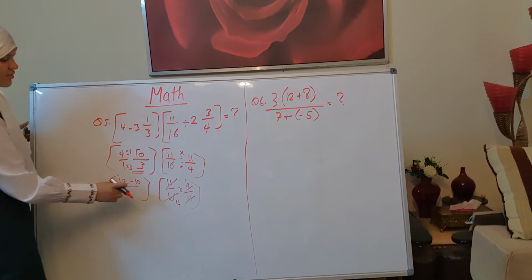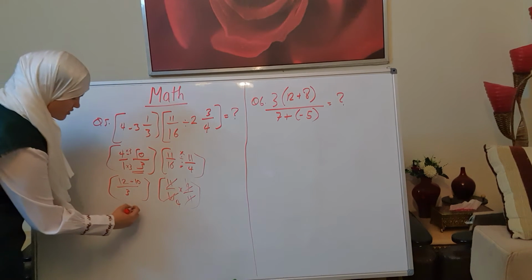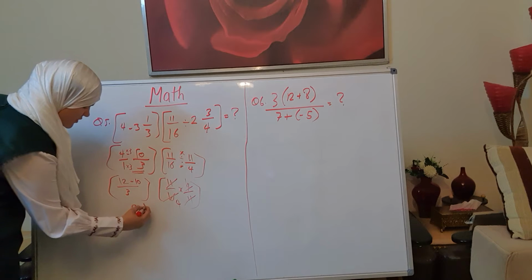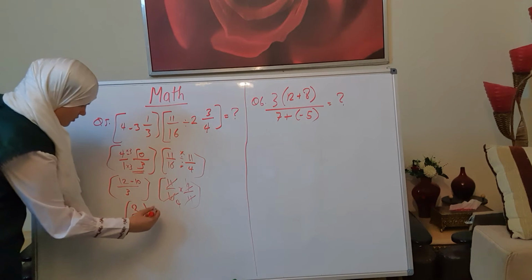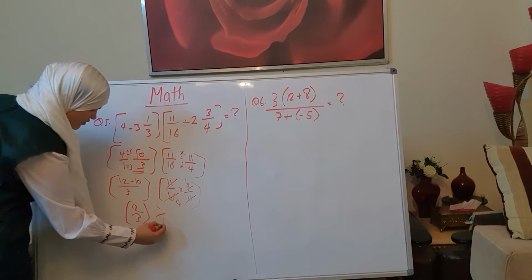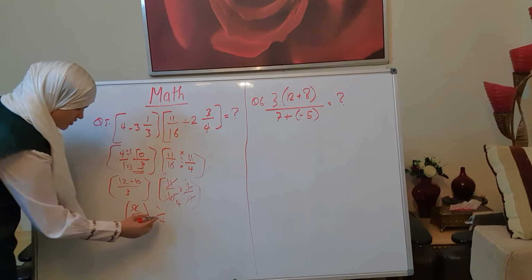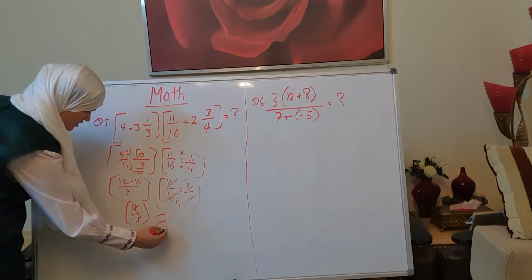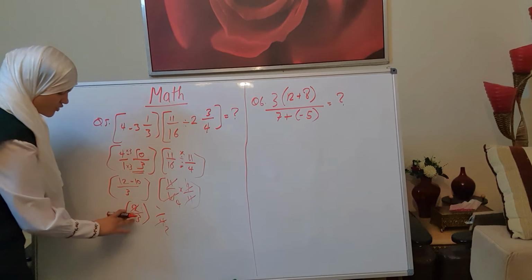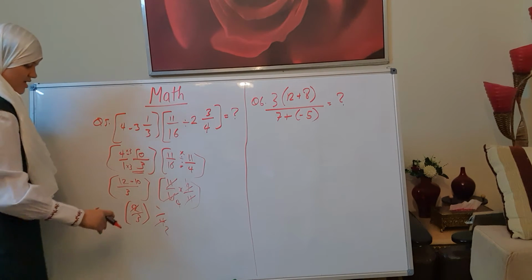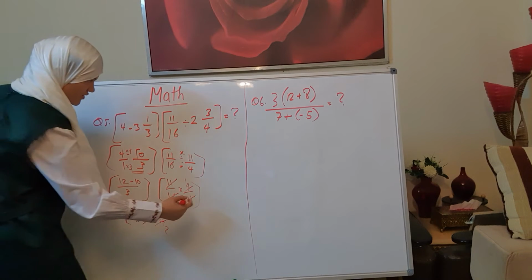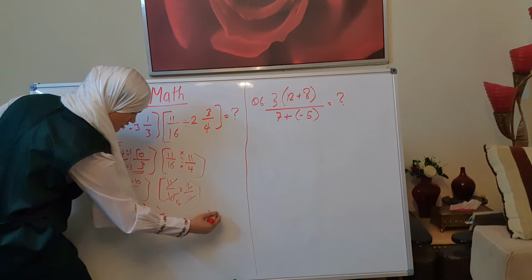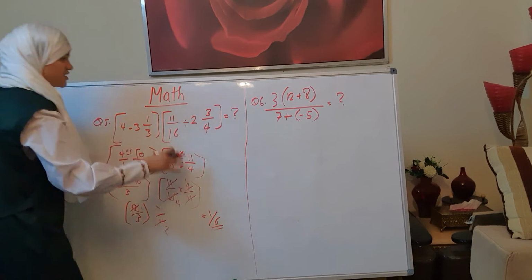And 12 minus 10 is 2 over 3, so it is 2 over 3 times 1 over 4. Now cancel by 2 and by 2 again, so it will be 1 over 6. The last answer is 1 over 6. This is the answer for question number 5.